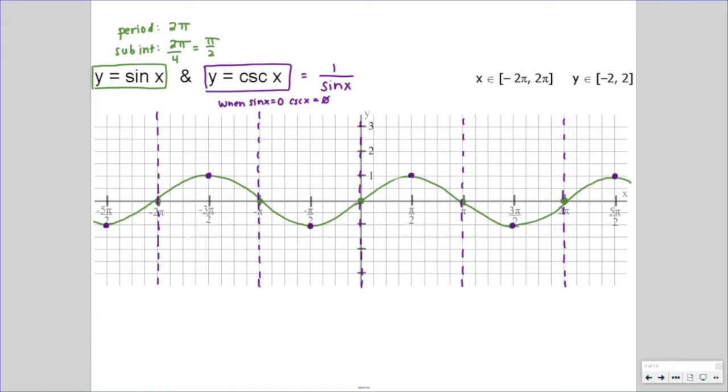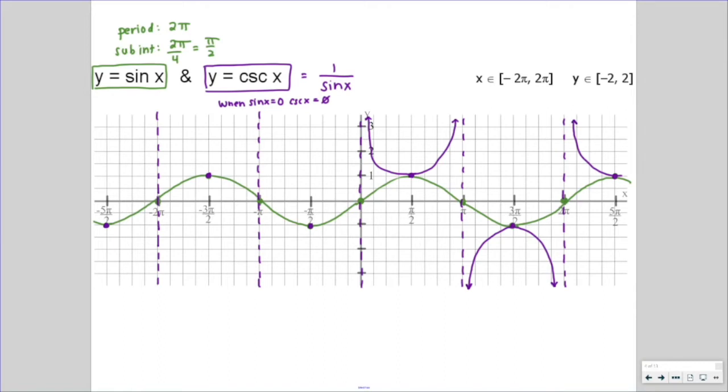So the way that we're going to do that is we're just going to represent the cosecant curve getting bigger and bigger as sine gets smaller and smaller. All right, the same thing happens on the negative side of things, but it's going to go more negative because the reciprocal of a negative number is always negative.